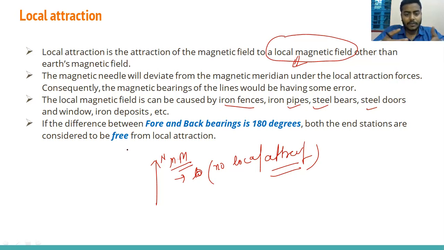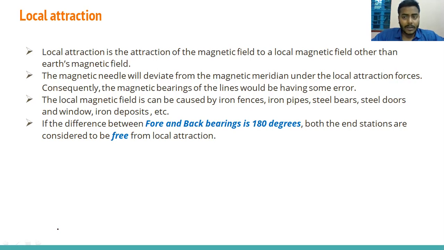So we can do the correction also, and we can find out at which station there is local attraction and by how much amount we have to correct. So there are two methods by which we can calculate whether there is local attraction or not, right?